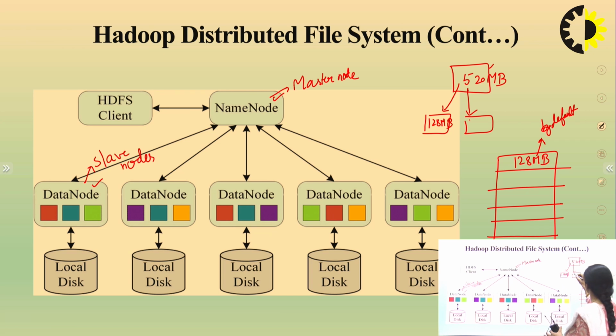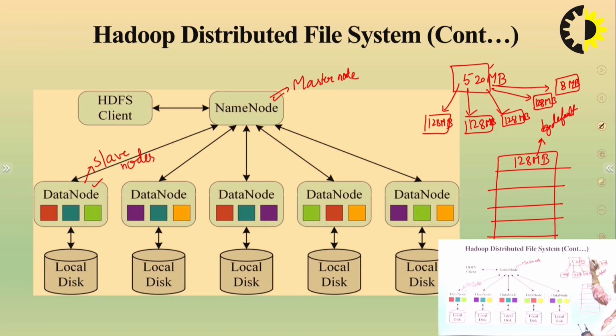It will be stored in one block of 128 MB, and in another block again 128 MB, but still it is not the complete file size. Again 128 MB, still 8 MB of data is left, which we will store in the next block, that is 8 MB.